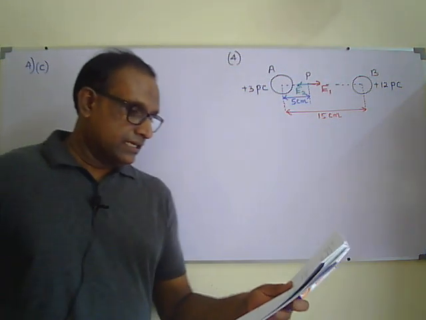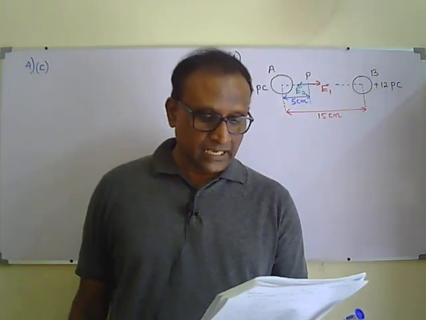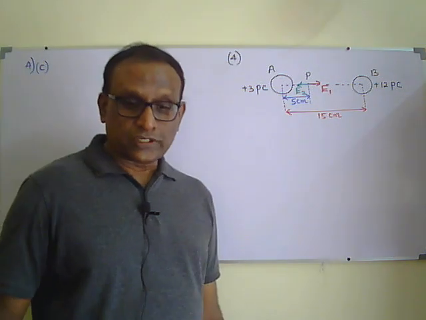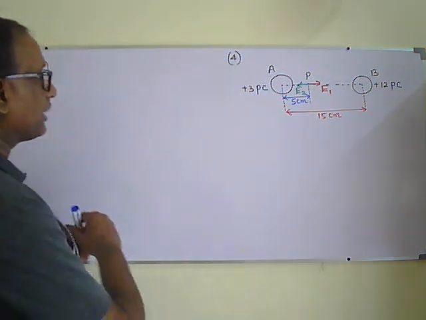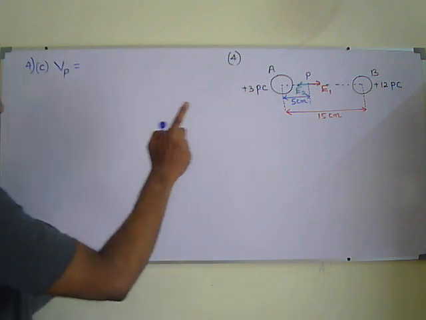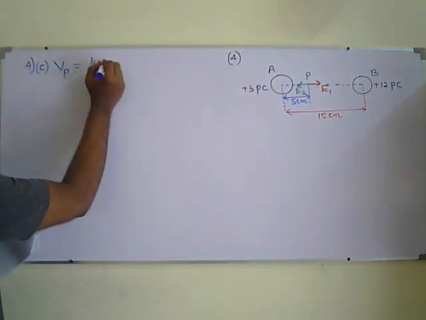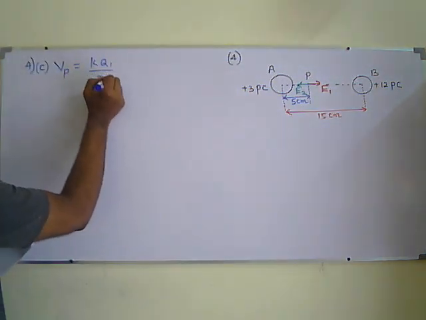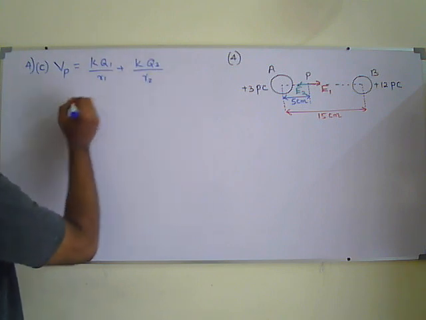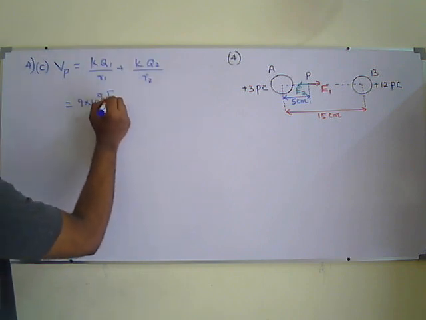Okay, part C, page number 6. Question number 4, part C. Calculate the electric potential at P. Electric potential is a scalar quantity. So I can say electric potential at P equals the summation of potential of this one and this one. So K Q1 over R1 plus K Q2 over R2. So 9 into 10 to the power 9, I took common.